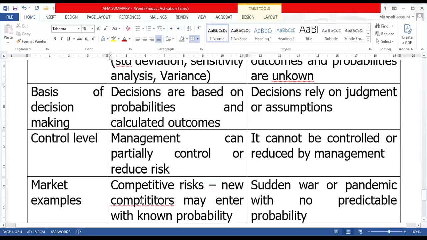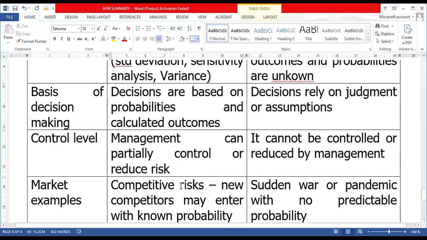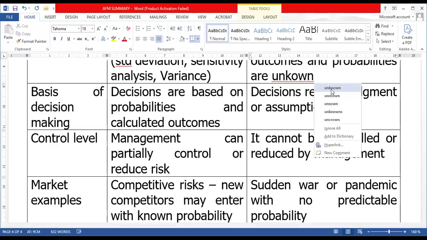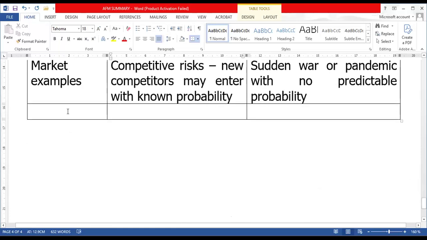These are beyond your control, and there is no way you can predict them, but they can happen. There was a pandemic, and you cannot predict it and put a probability on it.